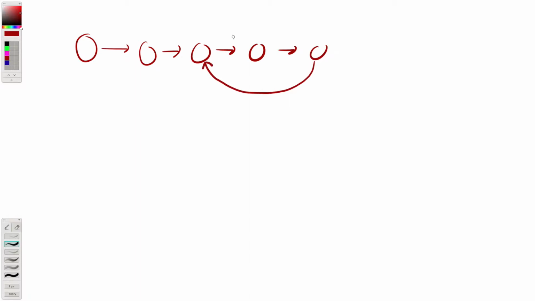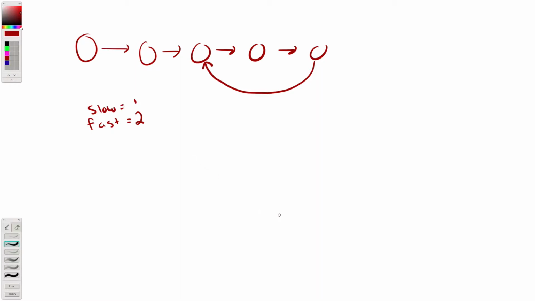So let's first go over how you detect if there is a cycle. The Floyd cycle algorithm is that you go through the list with a fast iterator, which goes two steps at a time, and a slow iterator, which goes one.